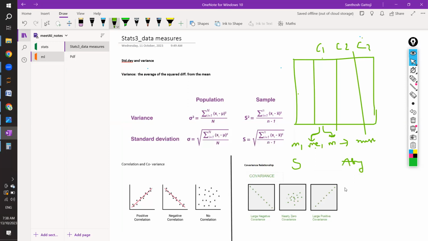When I was teaching the mean and median, I told you that this can be used in filling the missing values in a given column. So if the distribution is symmetric, what values can I use to fill? Mean or median? If it is asymmetric, what values can I use from mean and median?